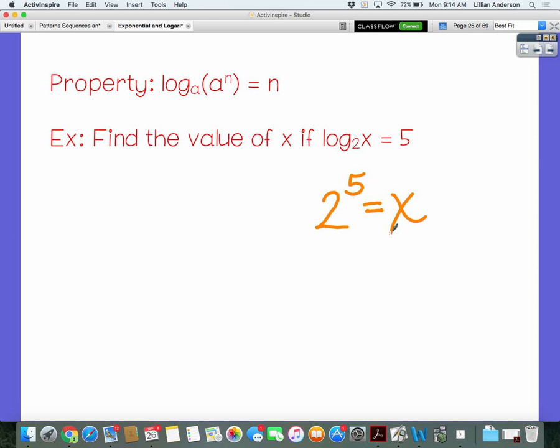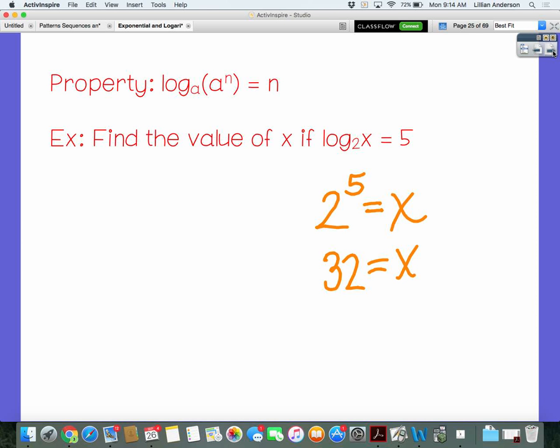Yes. So remember the bases are the same, and whatever the log equals is the exponent in the exponential form. And that equals x. So what is x? 32. Come on, gotta be quick. x equals 32.